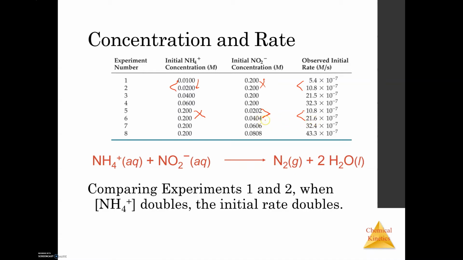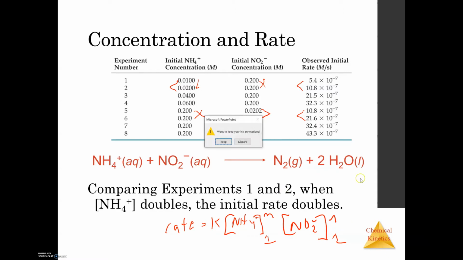That means that the NO2- is first order. As we write the rate law, rate is equal to k times the concentration of NH4+ to the m power times the concentration of NO2- to the n power. We see that m is 1 and n is 1, and that's based off of what happens to the rate as the concentration changes.